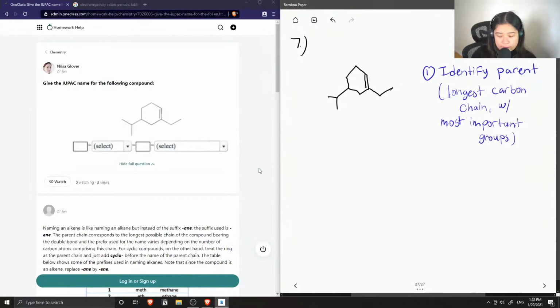So here you'll notice that we have a double bond in the 6-membered ring. So I can identify my parent as this part of the molecule.